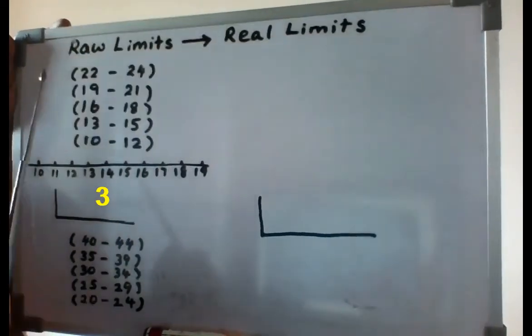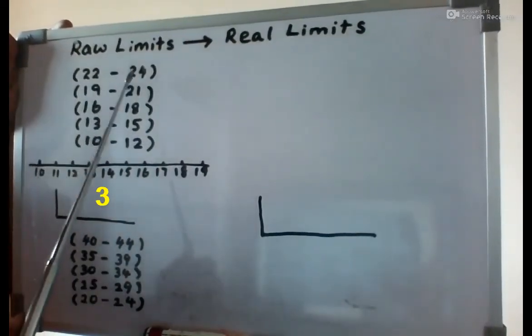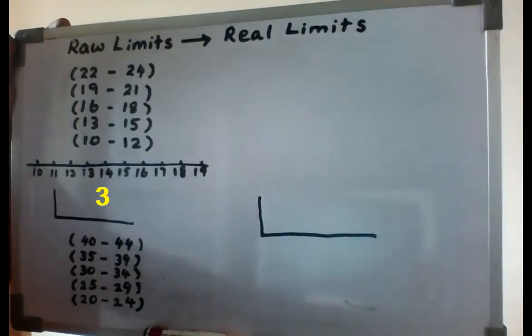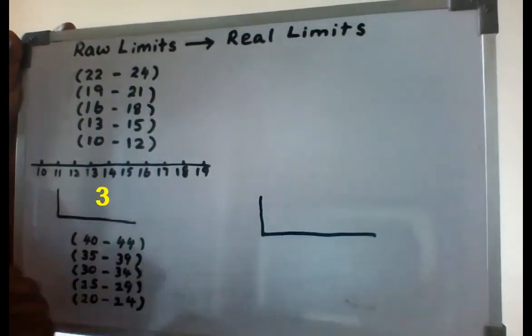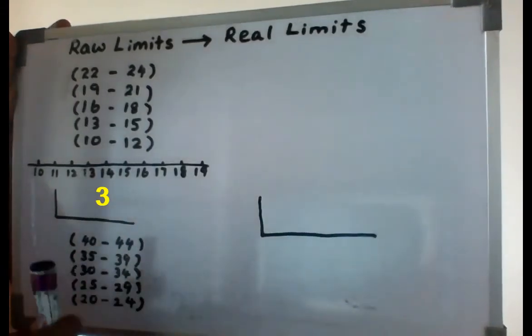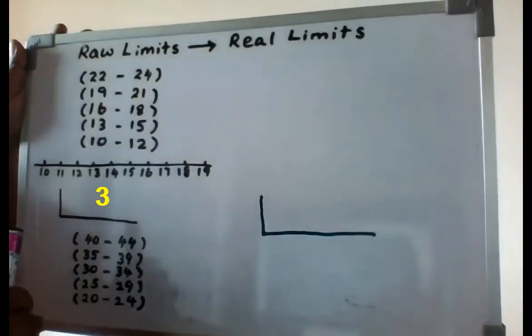Okay, the other day I told you the row limits. These are the row limits. Now how to convert them, because you must know what are row limits and what are real limits.